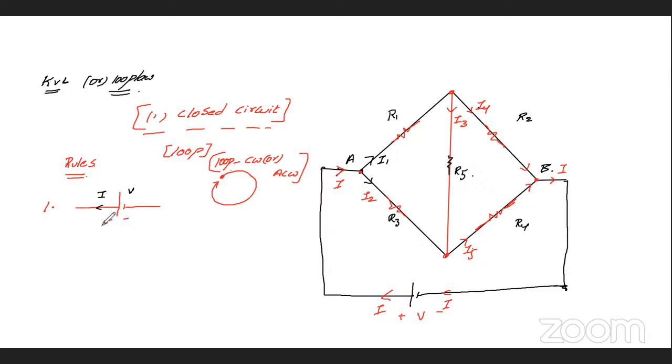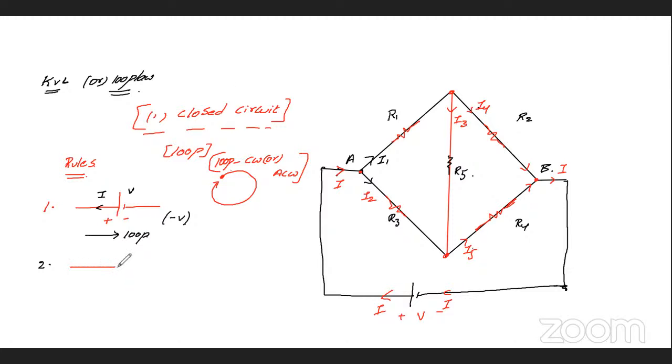If the voltage current direction and the loop direction are in opposite, then the voltage is negative.